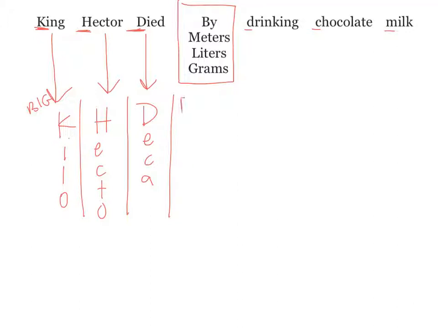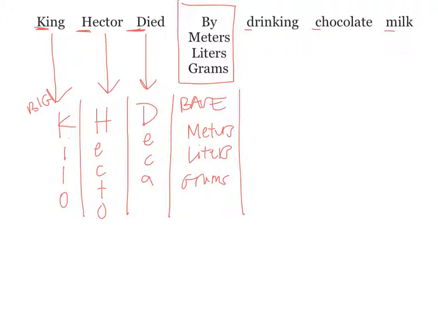Bi actually stands for the base. So meters, liters, and grams is going to be the base to every word. So you can put meters, liters, and grams here, or you can just write MLG.